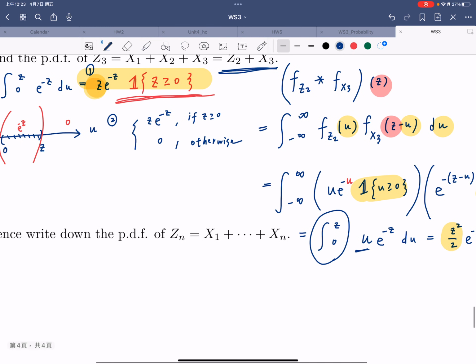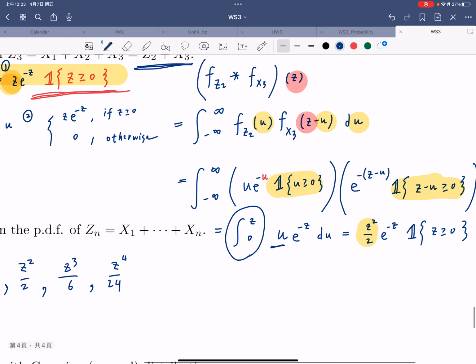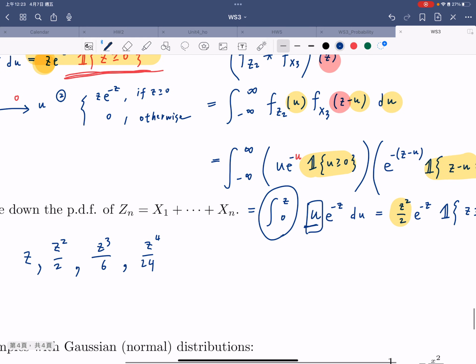So it will be z, z squared over 2, z cubed over 6, z to the fourth over 24. Why? Since every time you only integrate the variable in front, right? So you only integrate this z, you only integrate this z squared over 2. So integrate this, you get 6, you get this. Integrate, you get this, right?